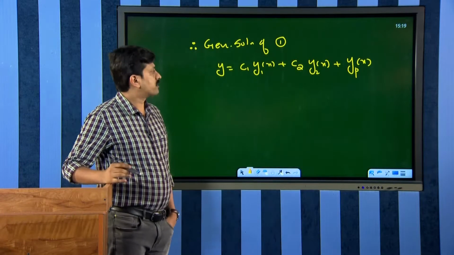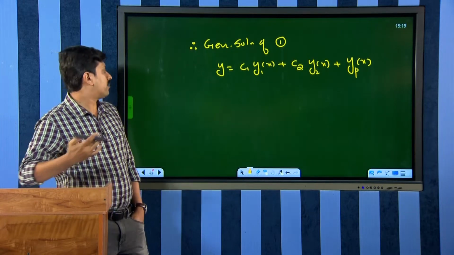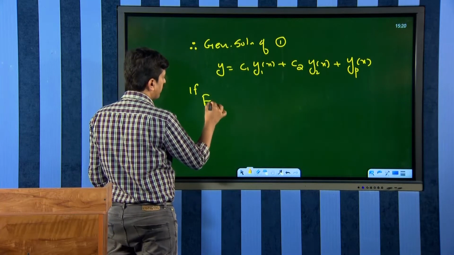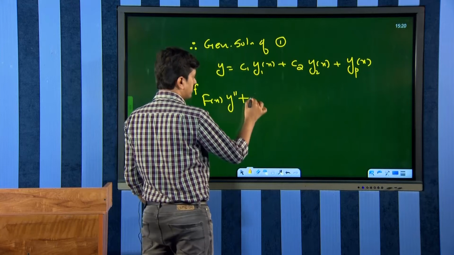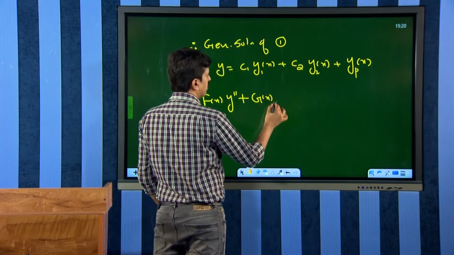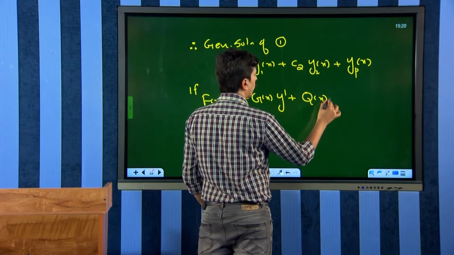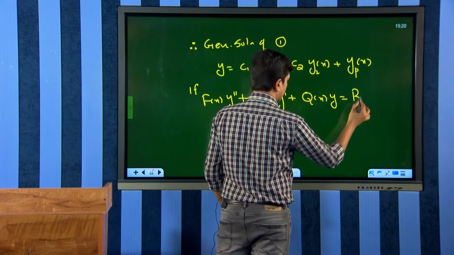See, sometimes while doing the problem, the equation may be of the form f of x y double dash plus g of x y dash plus q of x y is equal to some r of x, or g of x.